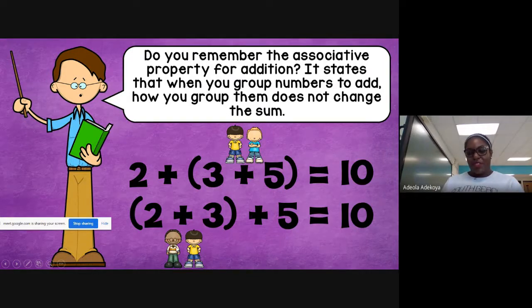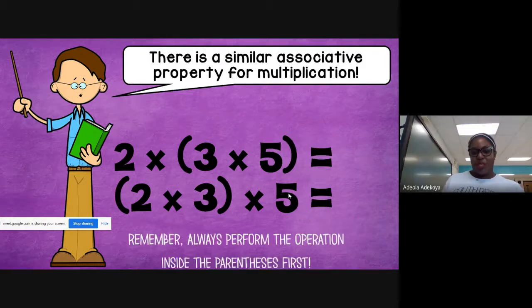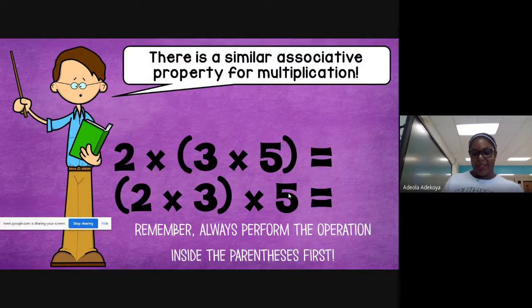So especially when we're doing our number talks, a lot of us in class have been using the associative properties of addition. It is similar for the associative property of multiplication.